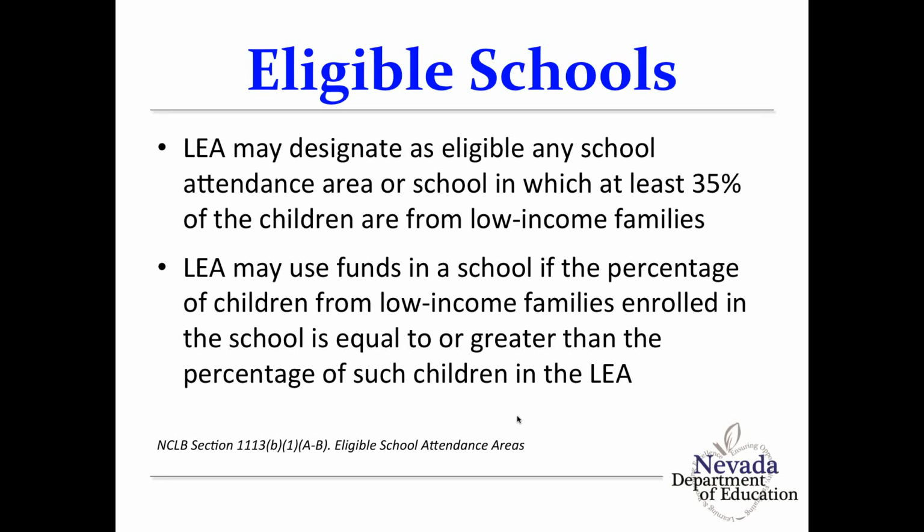So most of your Title I schools are designated this way, and I don't think we've ever had an issue with somebody who shouldn't be a Title I school saying they should be. So do you have a question? You're answering it.